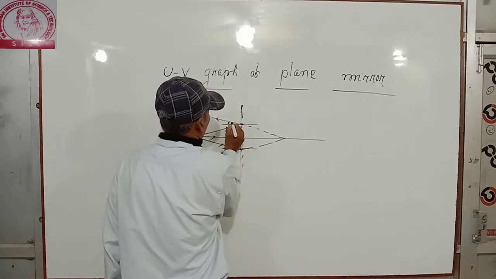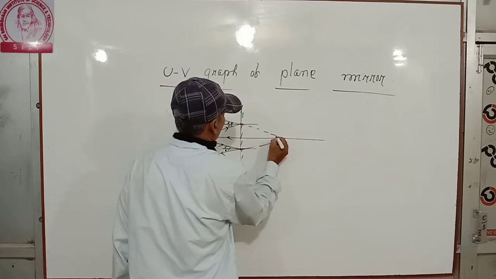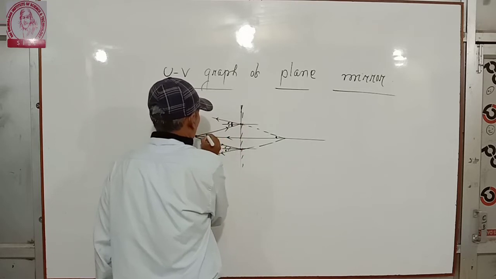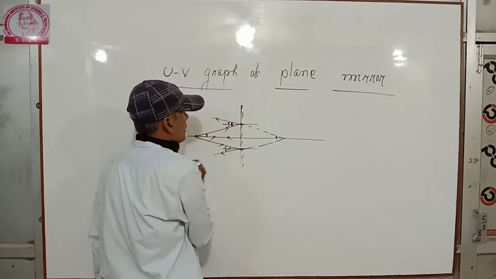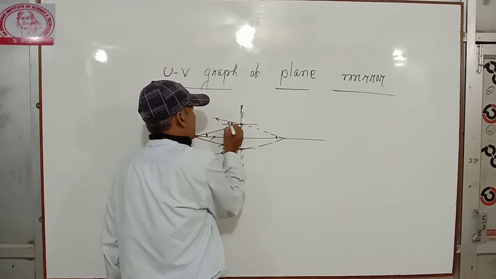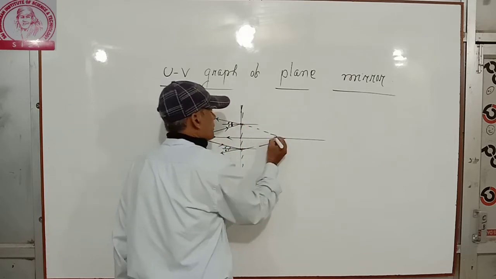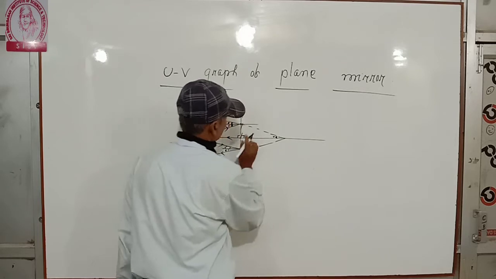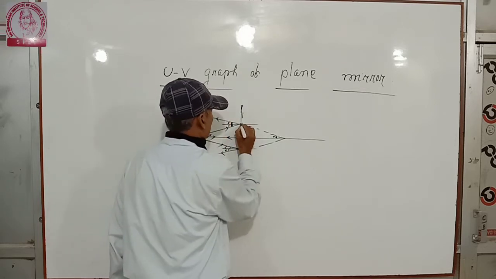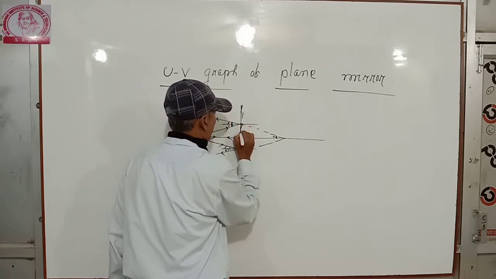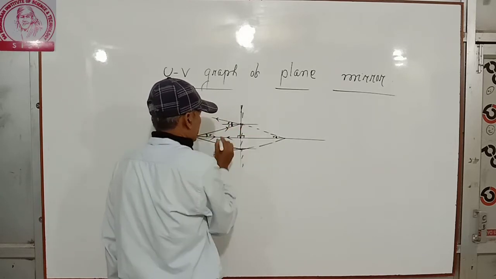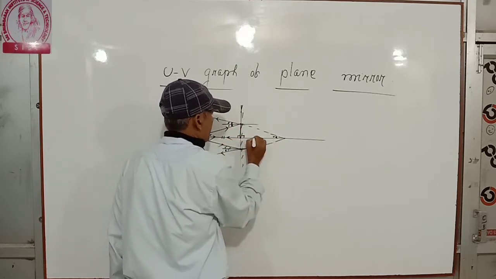This angle is equal to this angle. This angle is equal to this angle. Alright? But both these angles are same. I is equal to R. So this is equal to this. This is 90 degree. This is the common side. So this triangle is congruent to this triangle. That means this is equal to this.